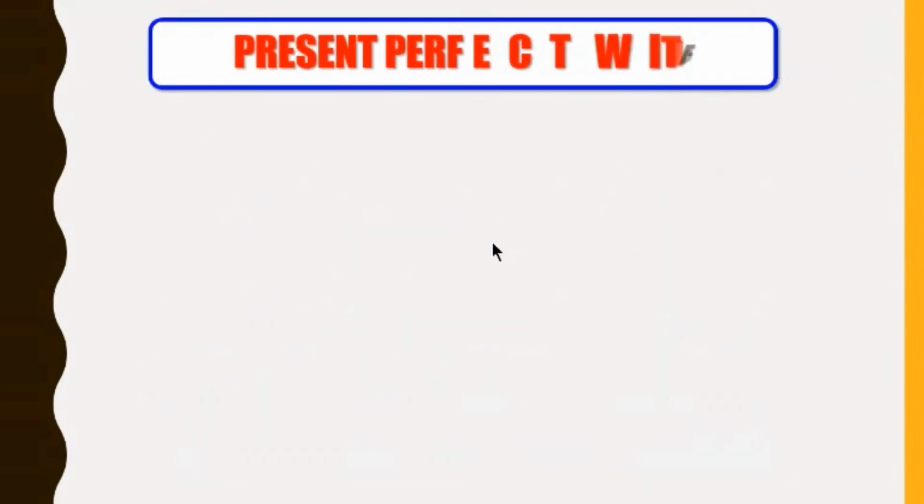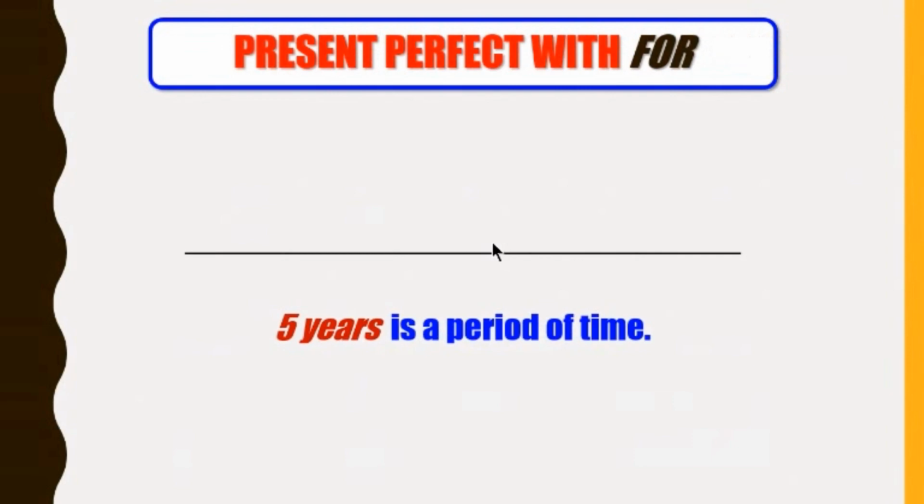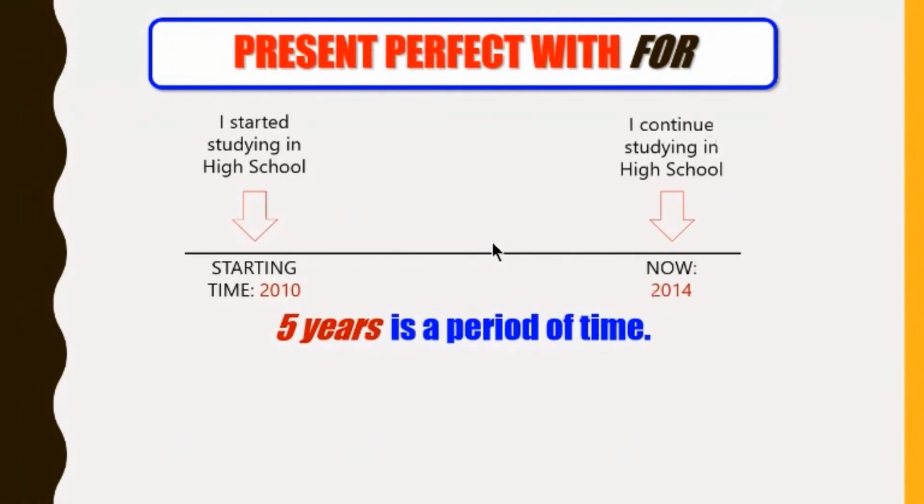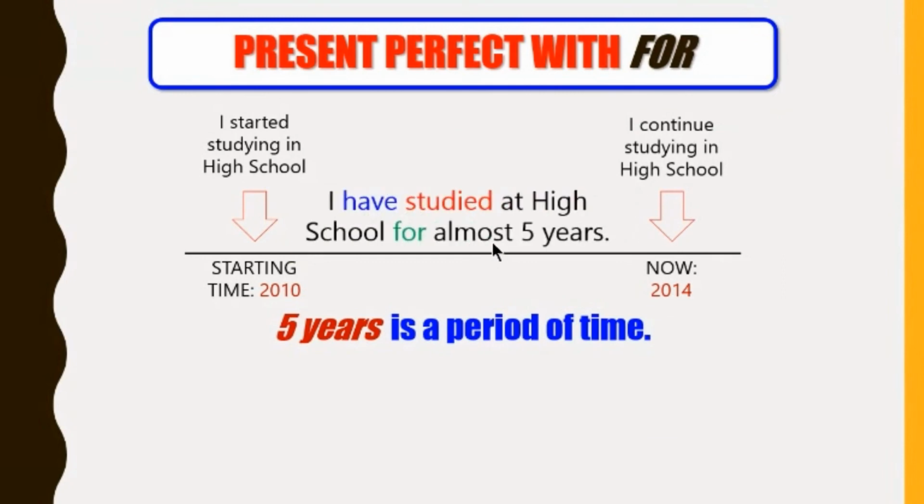Here, "for." We use "for" for a period of time. For example, you can say, I have studied at high school for almost 5 years. You started in 2010, now it's 2014, so you can say, I have studied at high school for almost 5 years.